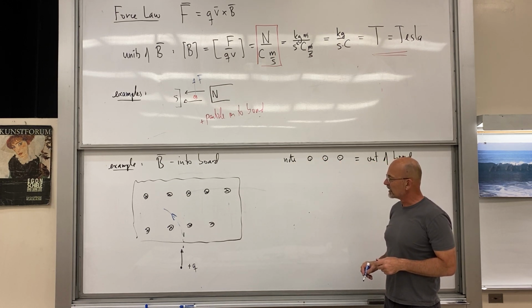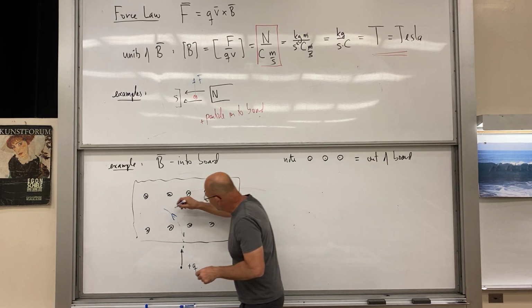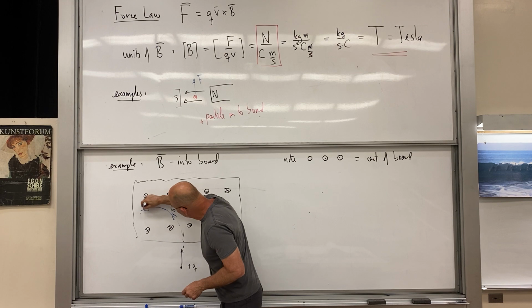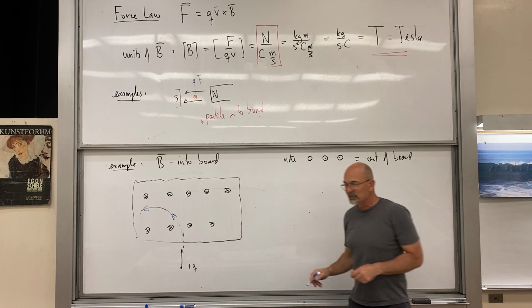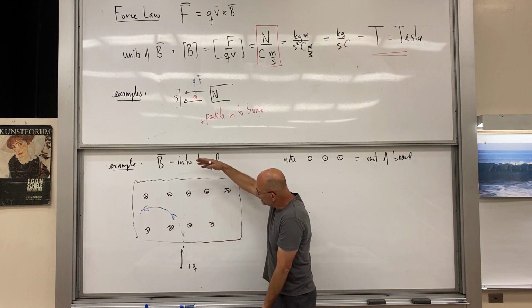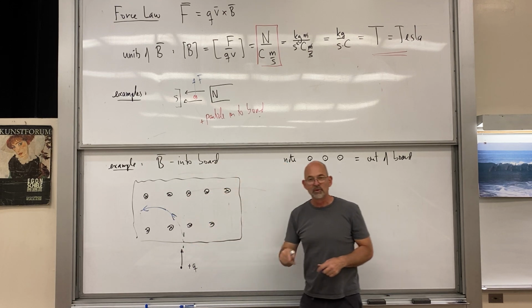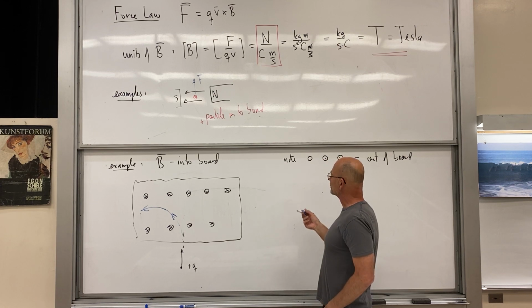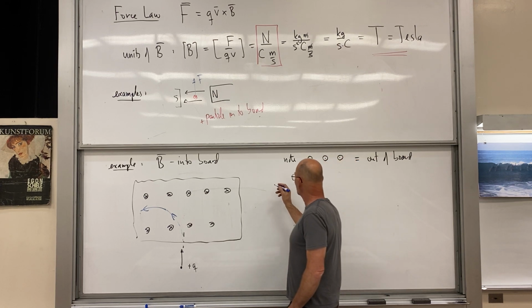It's going to veer off to the left, and say it gets here. Well, it's going to keep veering off to the left. In fact, my next proof is going to be that if I launch a particle in the middle of a big field like this, it's going to do circular motion, which is where this gets really interesting. So that was my example.